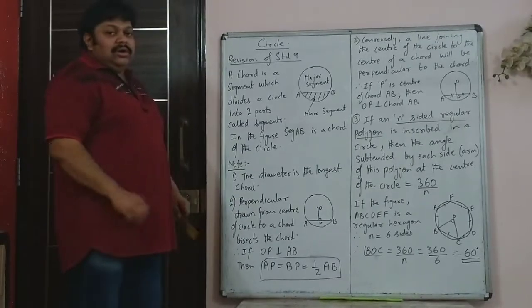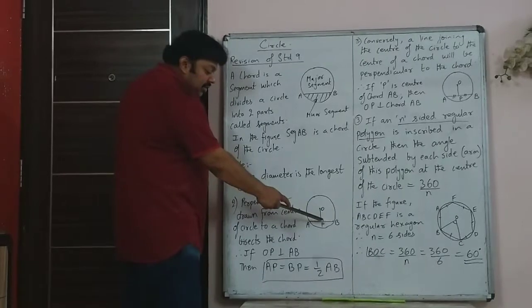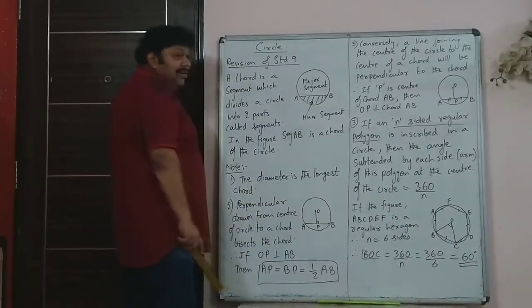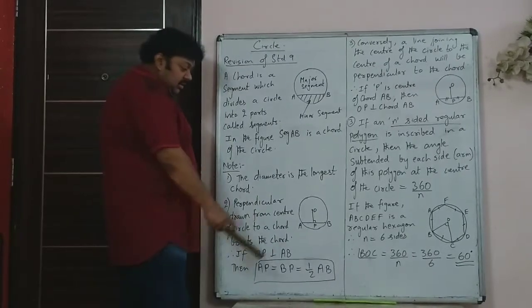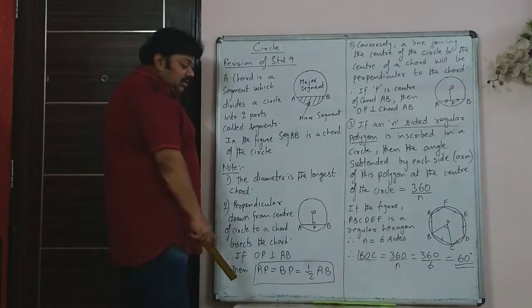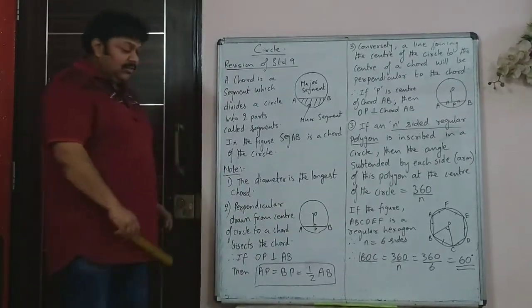Now last year you had learned this property that from the center of the circle, if you draw a perpendicular to the chord, it will bisect the chord. Bisect means two equal parts. So if OP is perpendicular to chord AB, that would mean that AP is equal to BP is half of AB.